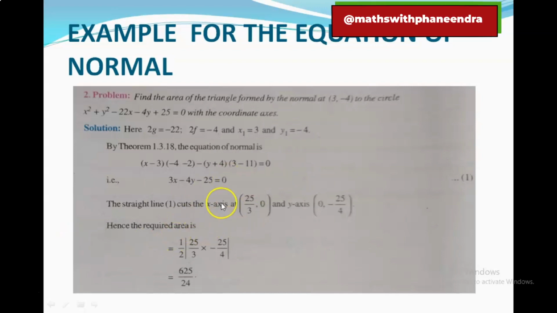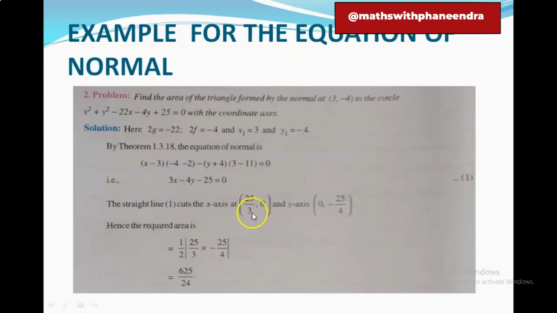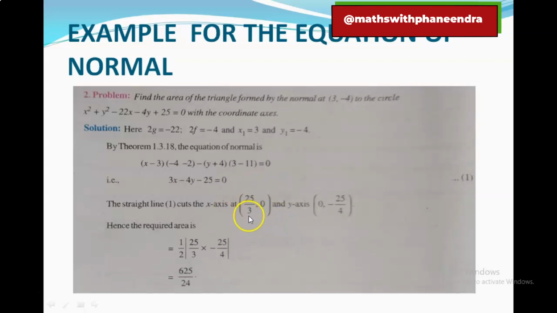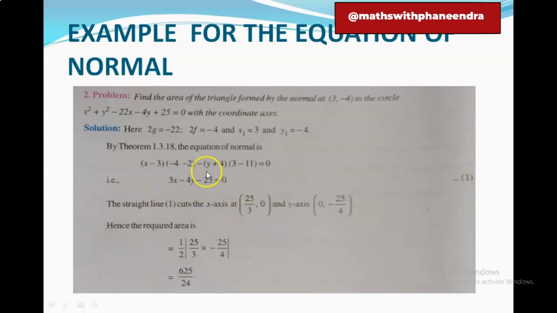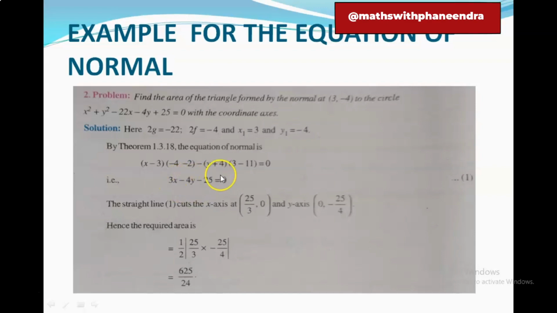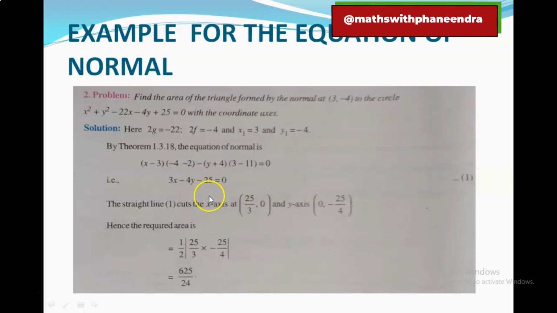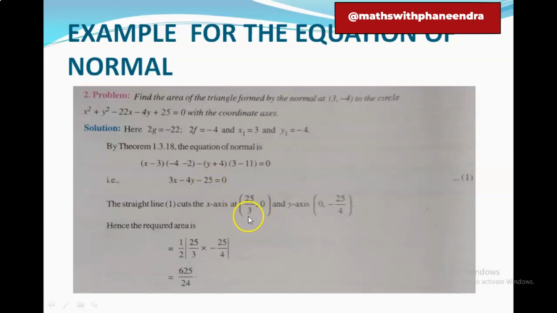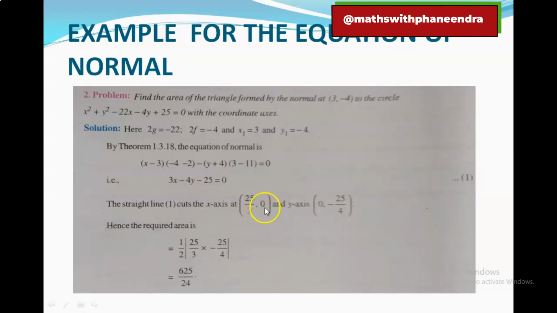The straight line cuts the x-axis at this point. How do we get this point? On the x-axis, the y coordinate is 0. Here y = 0, so 3x - 25 = 0, x = 25/3. Therefore that is called the x-intercept, (a, 0), where a is 25/3.